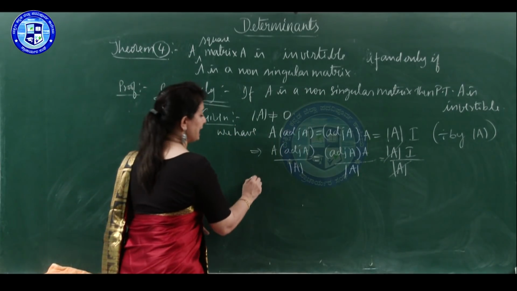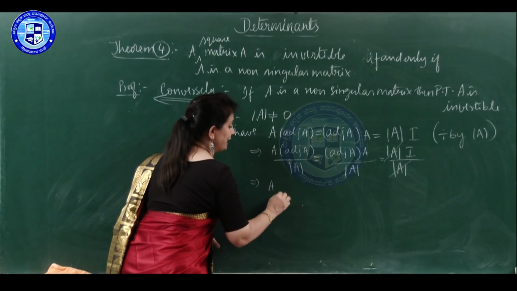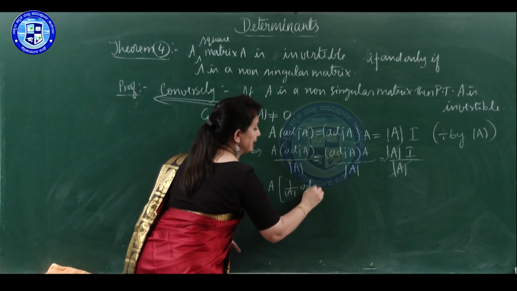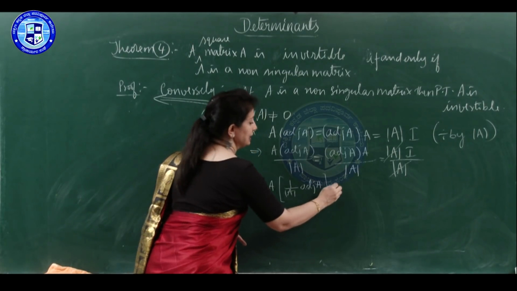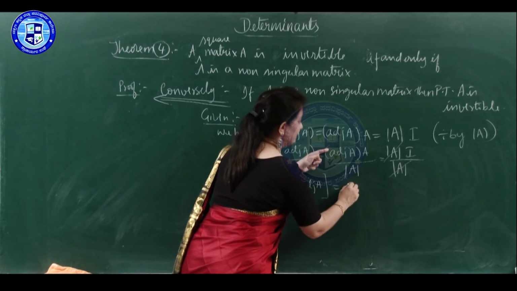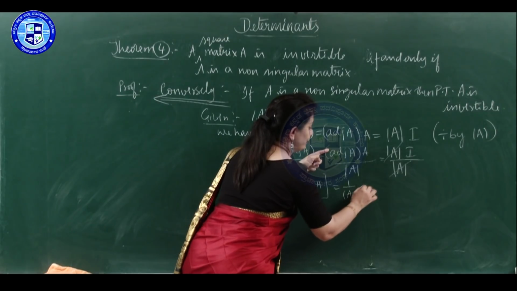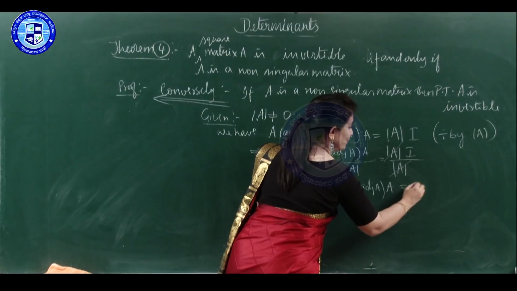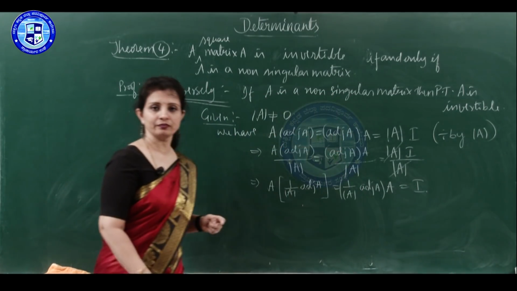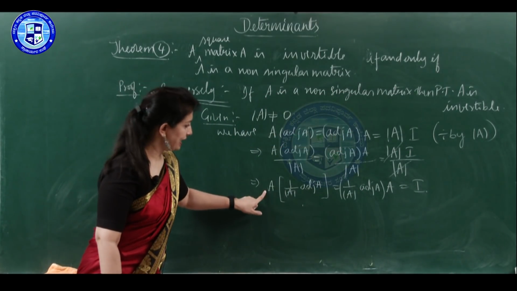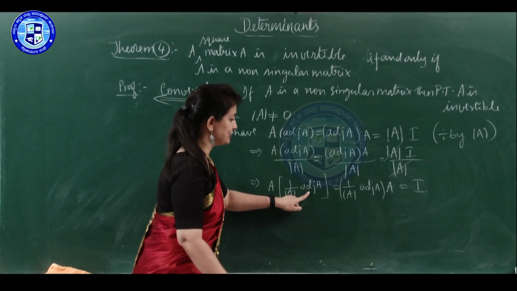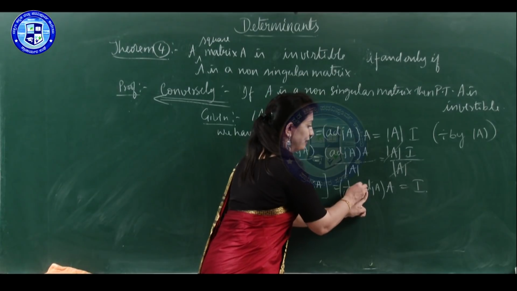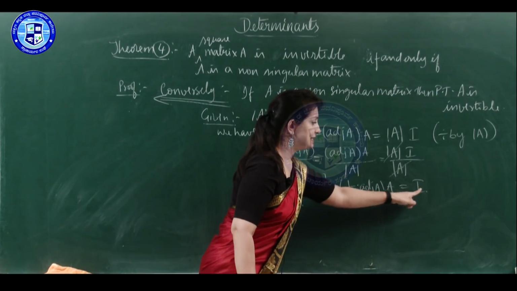Now, I will group this: A into 1 by determinant A into adjoint A is equal to 1 by determinant A into adjoint A into A is equal to I.